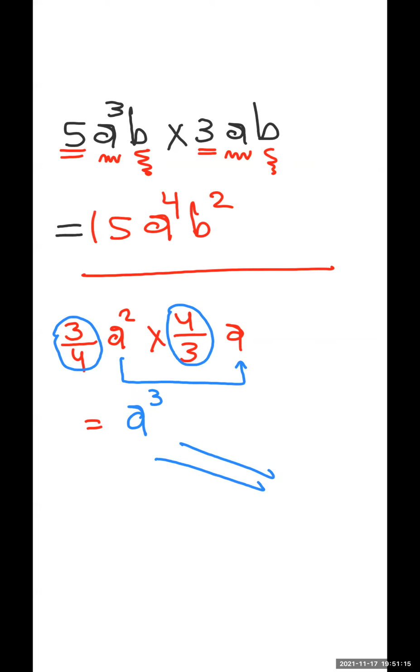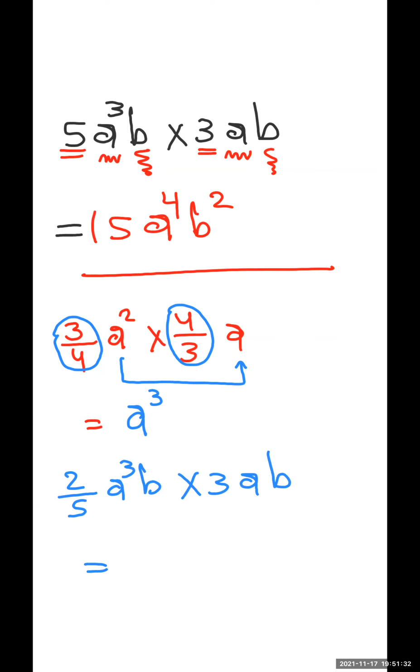Okay, the next question. If I want to multiply 2 over 5 a power 3 b times 3ab. So it's very simple. Now we have to multiply 2 over 5 times 3.